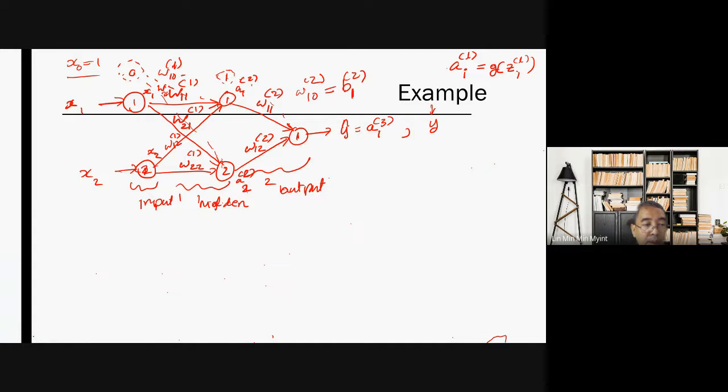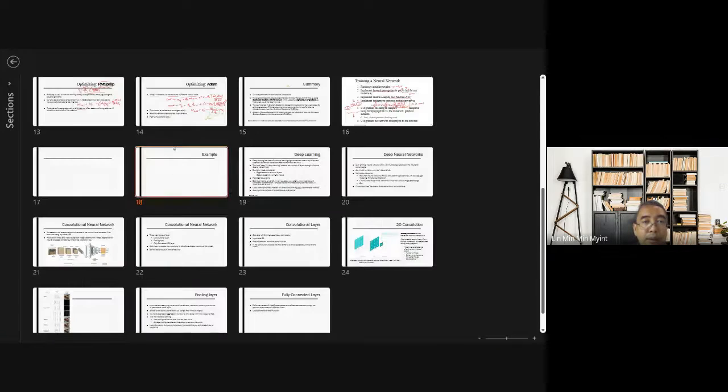Let's delete this one. So please keep in mind that whatever starts with 0 in here, starting from the 0 node, is just the bias. We can consider it like this.